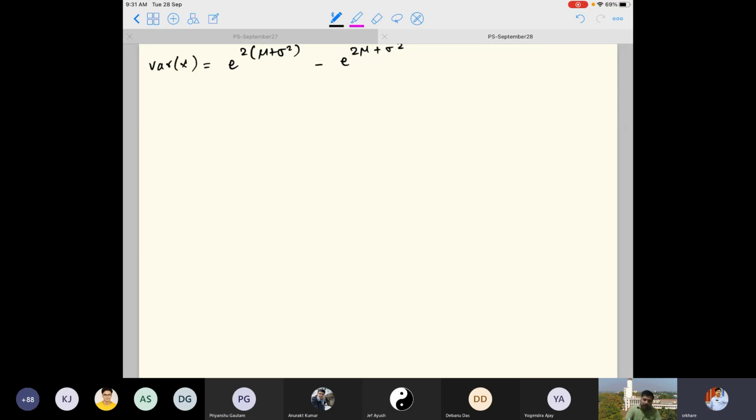Okay, so this is the variance of x. So this is about log normal density.